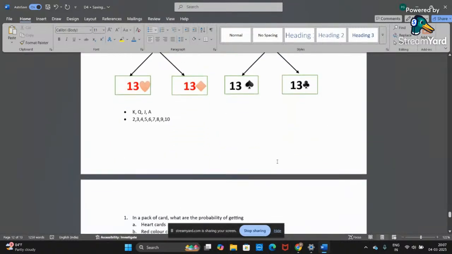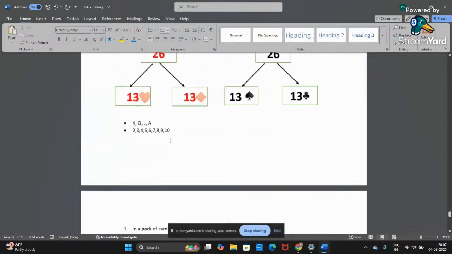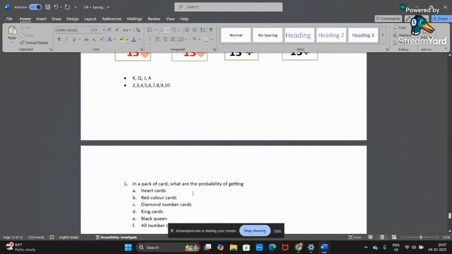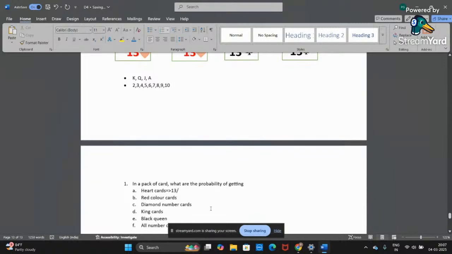Now let's move on to solve the problem. In a pack of cards, what is the probability of getting heart cards? How many heart cards are there? 13. So what is the probability? 13. How many total number of cards are there? 52. So it is 13 by 52. Next, red color cards.